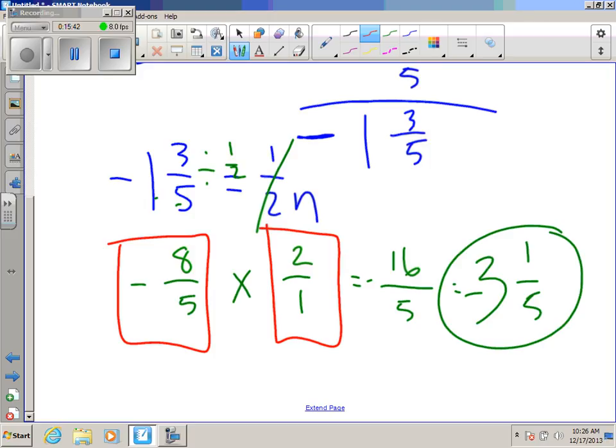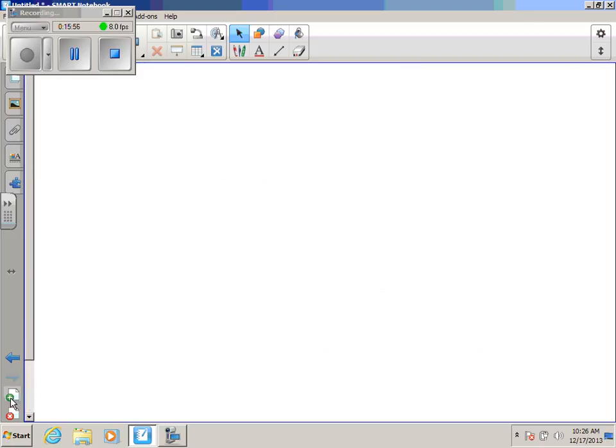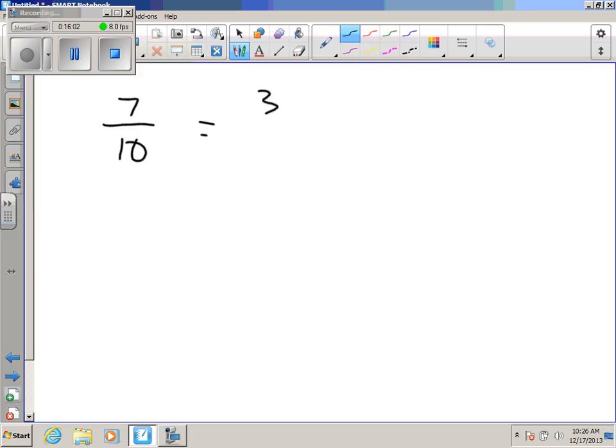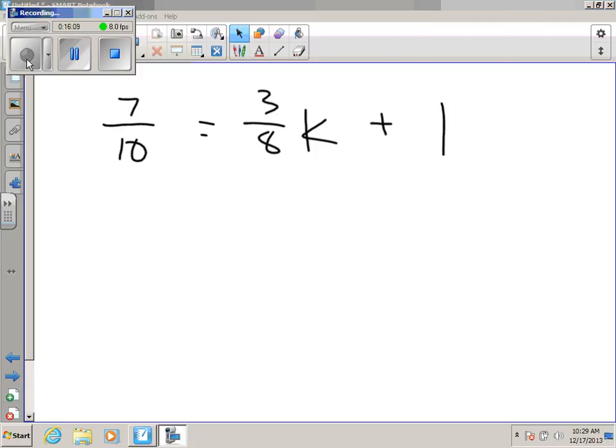Number 27. Raise your hand if you got number 27 wrong. 27 is very similar to 26. Try it right now. Okay, now what I was very pleased about, though, fellas, was the fact that you did this part right initially.